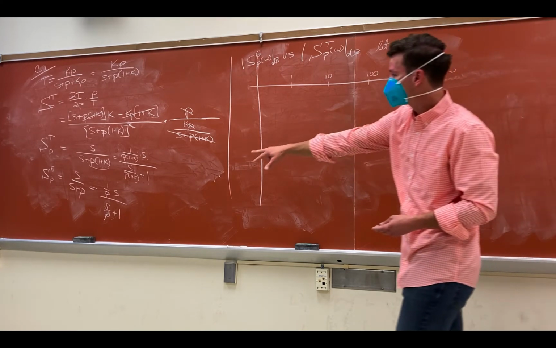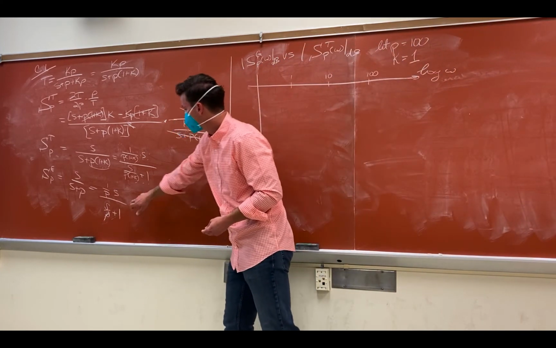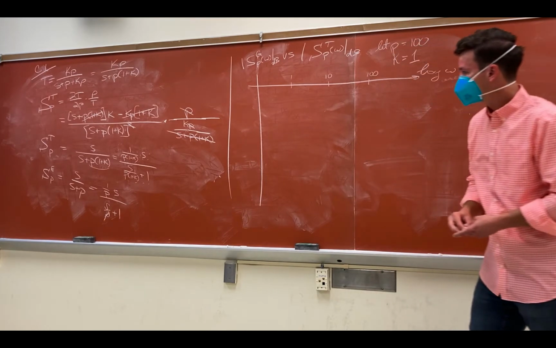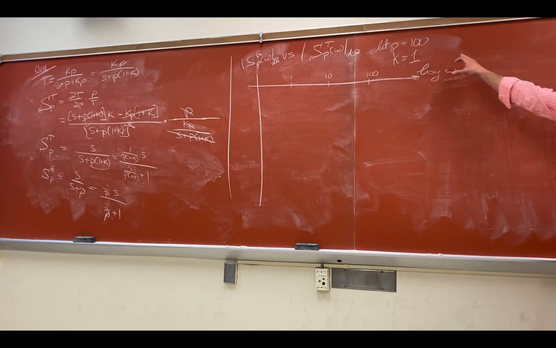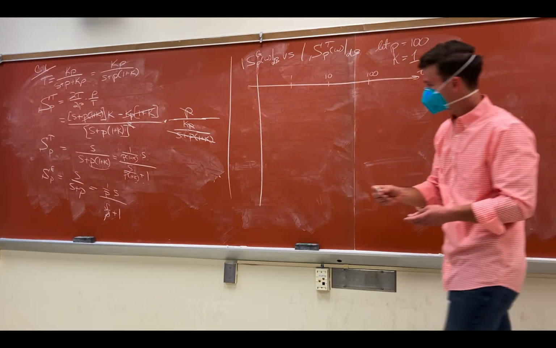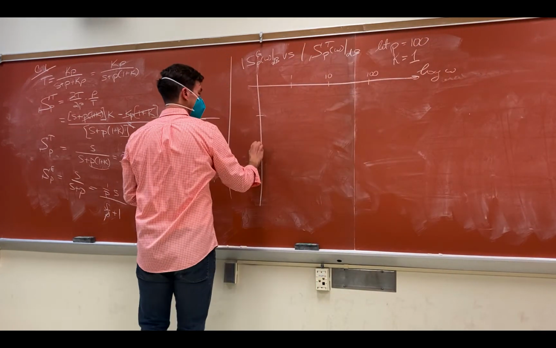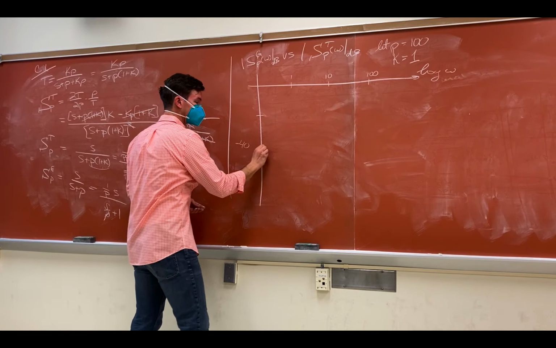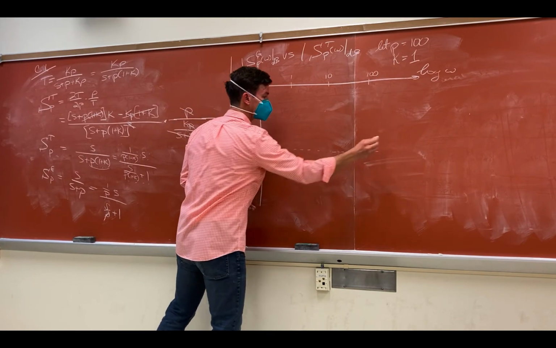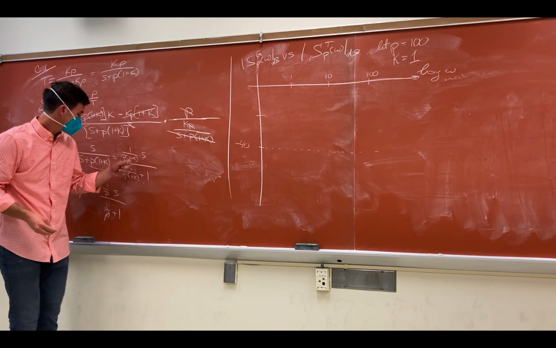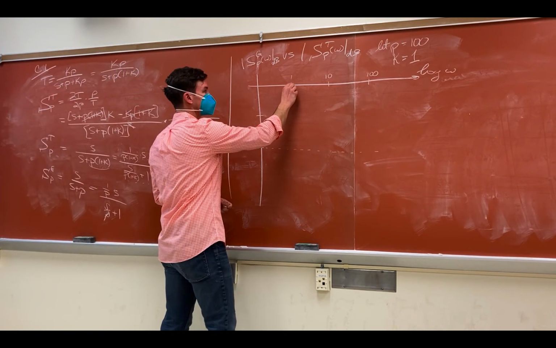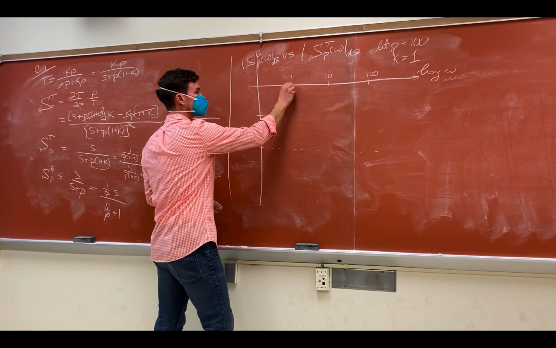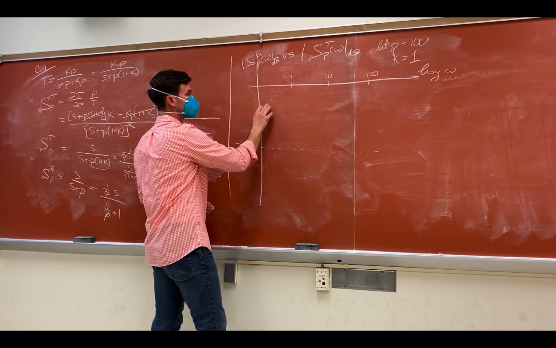So let's do the bottom one first. The constant 1 over p is 1 over 100, so that's negative 40 dBs. And the differentiator comes up at 20 dBs per decade.